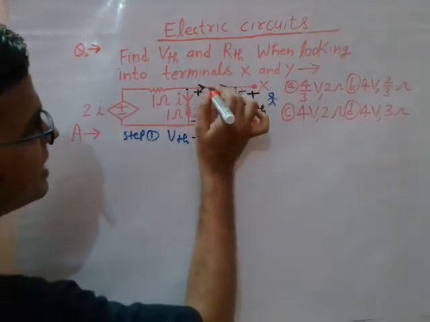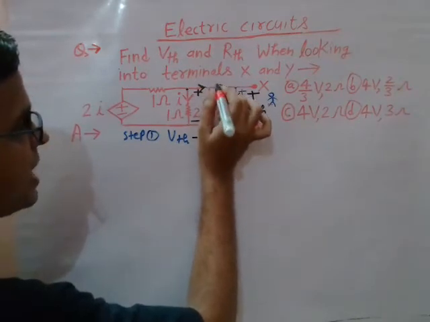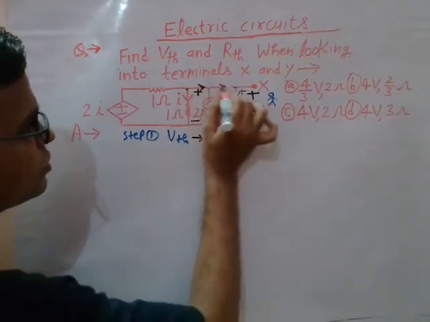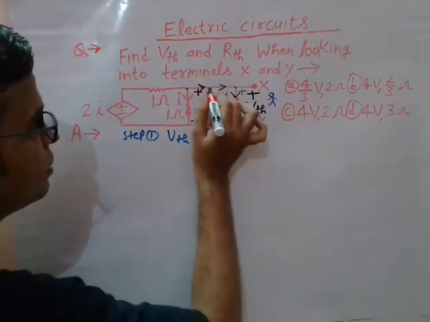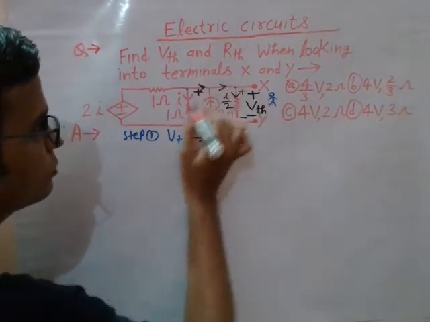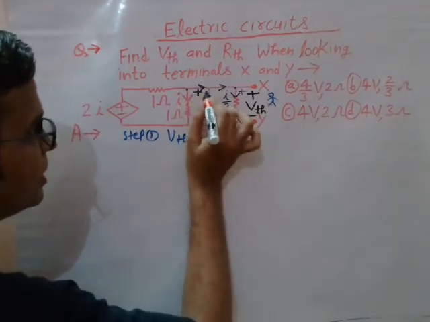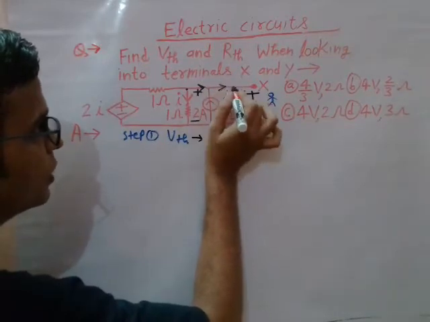And now apply Kirchhoff's current law at this node. When you apply Kirchhoff's current law at this node, you will write that the algebraic sum of all the incoming current is equal to the algebraic sum of all the outgoing current.